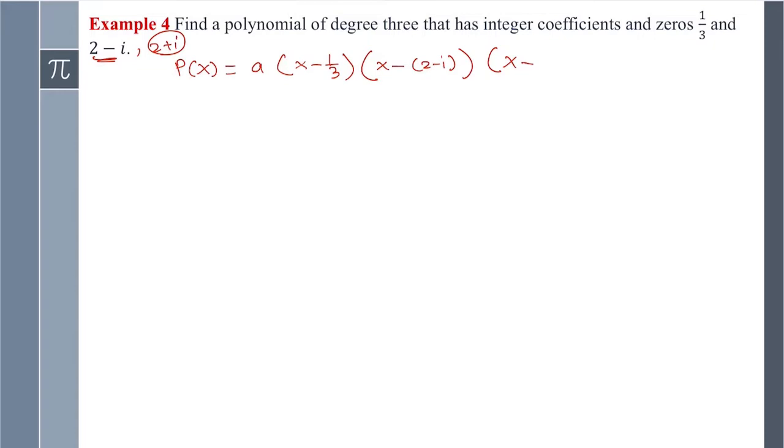So the other zero is 2 plus i, so x minus (2 plus i) is also a factor.